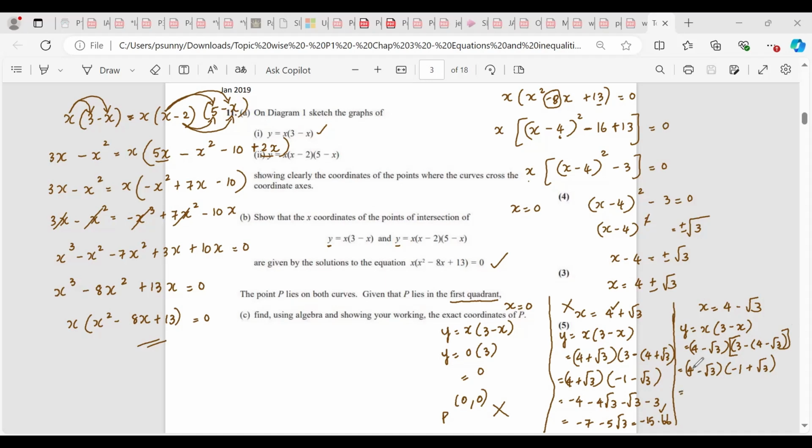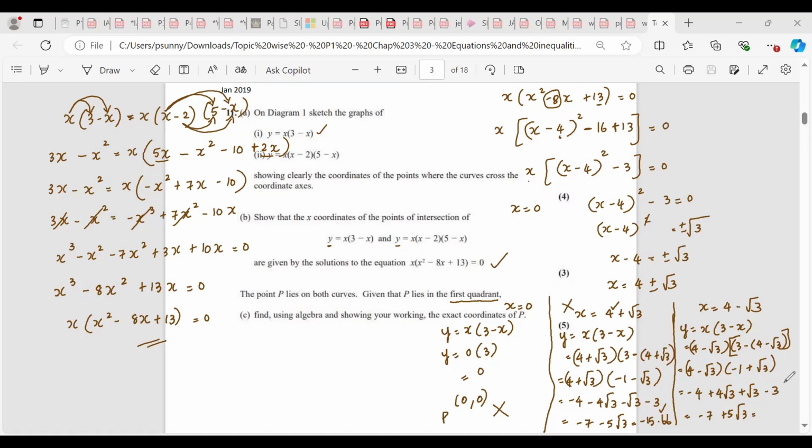Expanding the bracket, 4 into minus 1 is minus 4, 4 into root 3 is 4 root 3, minus root 3 into minus 1 is plus root 3, minus root 3 into plus root 3 is minus 3. So this will give minus 4 minus 3, that is minus 7, plus 4 root 3 plus root 3, that is plus 5 root 3. When we put this in the calculator, you will get minus 7 plus 5 root 3.